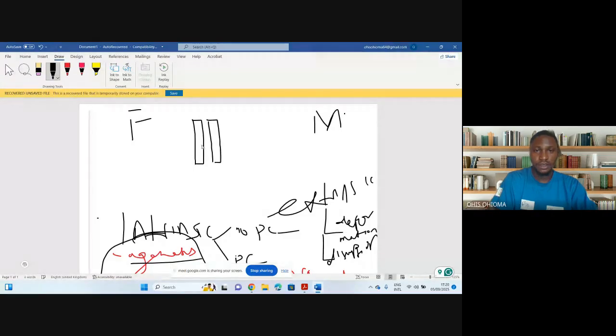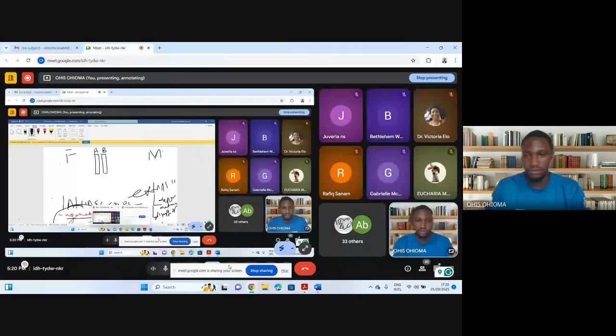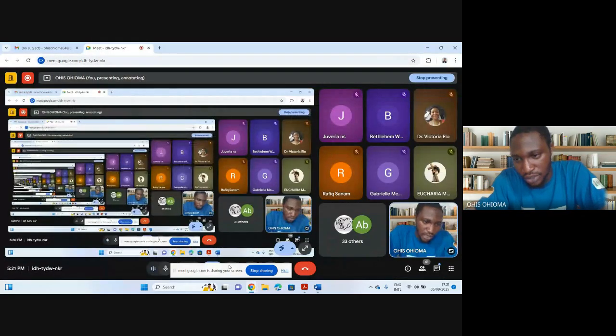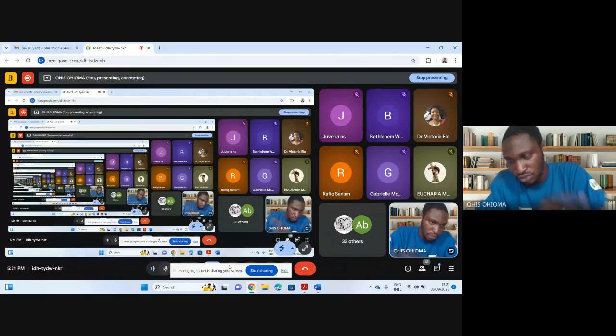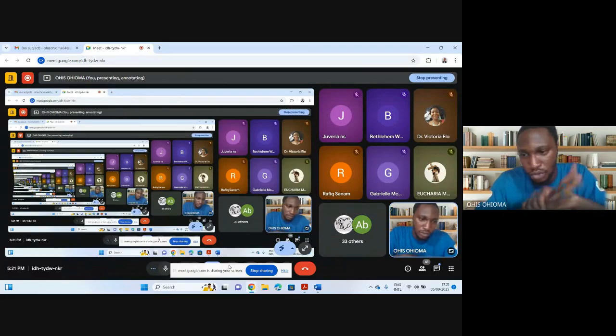I want to label here A and B. And I want to ask you guys, which side do you think is the syncytiotrophoblast and which side do you think is the cytotrophoblast? Just a quick question to mentally arouse you guys. Which one do you think will be the syncytiotrophoblast and which one the cytotrophoblast, between A and B?